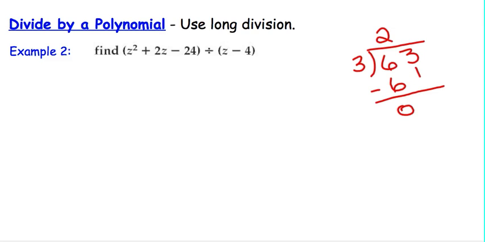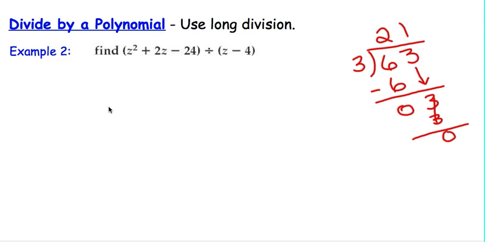Bring this 3 straight down. And then I look at the next part. How many times does it take 3 to become a 3? Well, that's 1. I'm going to take this 1, multiply it by the 3. I bring down my 3, and everything cancels, leaving me with nothing. So we can see that 63 divided by 3 is 21.